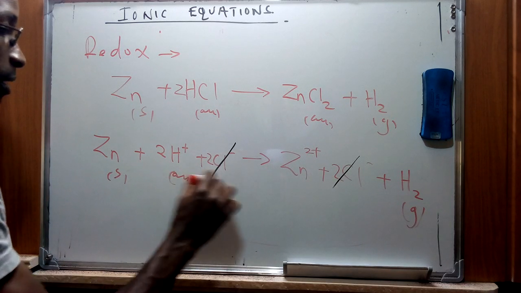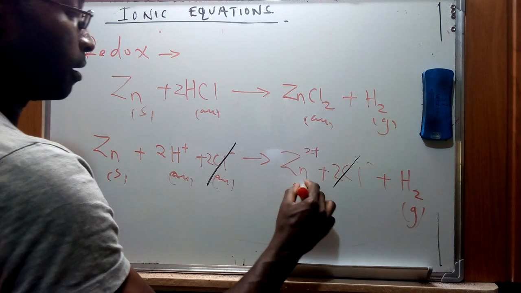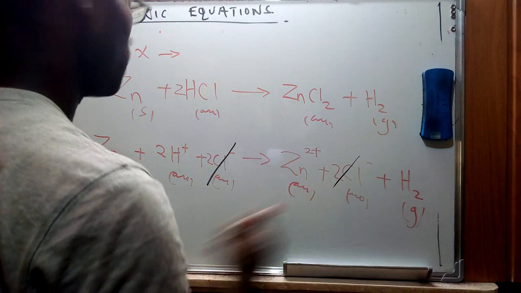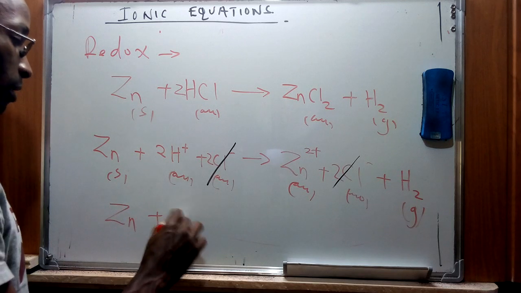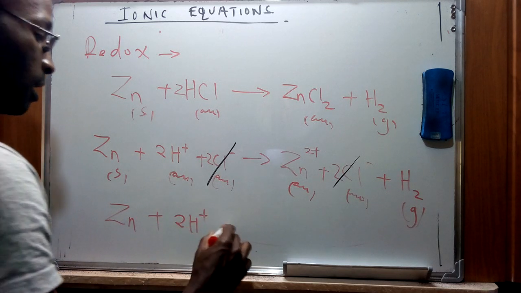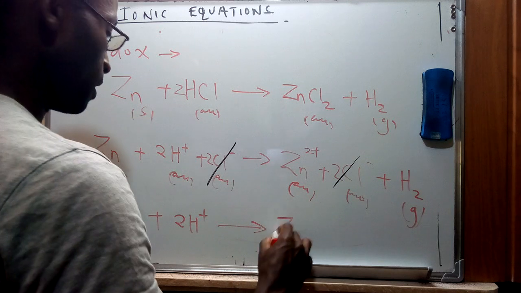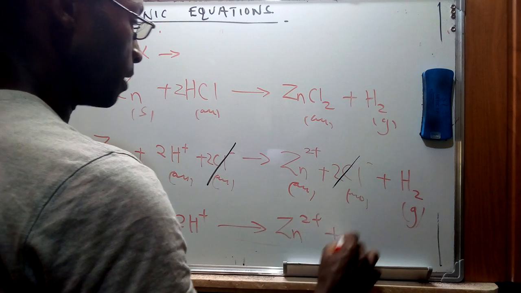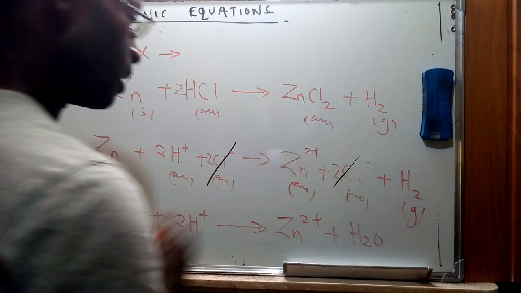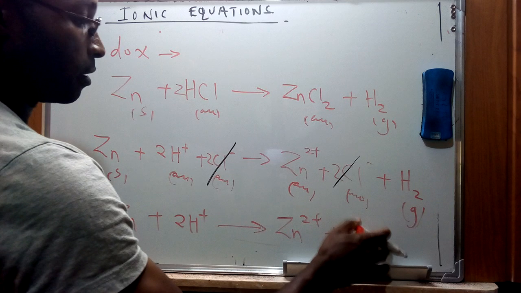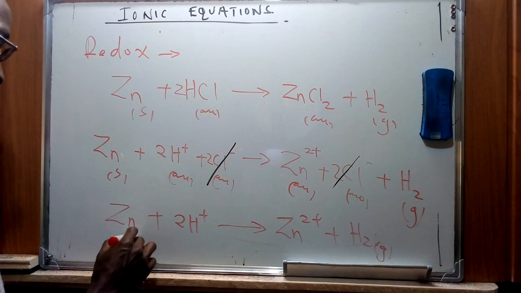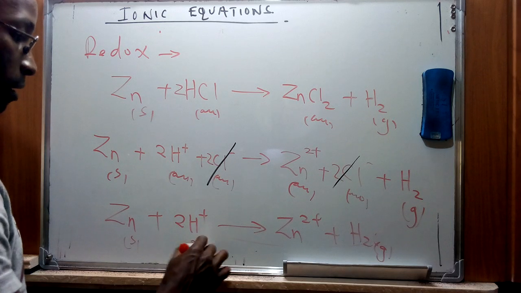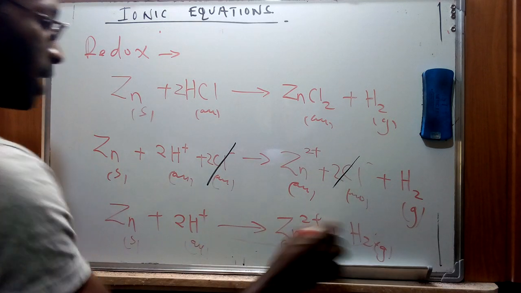We said that we have to write the state of the specific reacting species and the product. So therefore, we're going to have zinc plus 2H positive forming zinc 2 positive plus hydrogen gas. Sorry for that, this is hydrogen gas. So we can see they are balanced, and this is a solid, aqueous, and a gas.